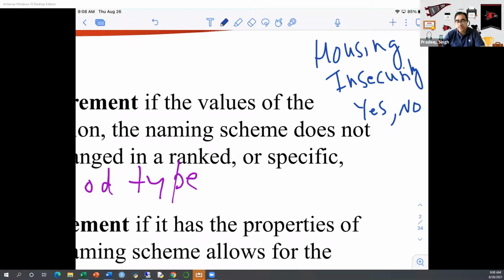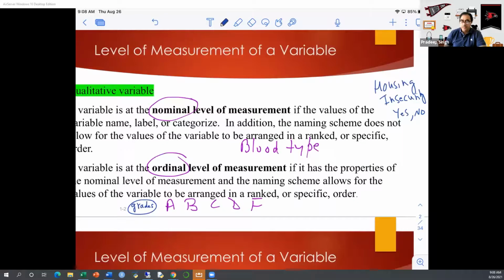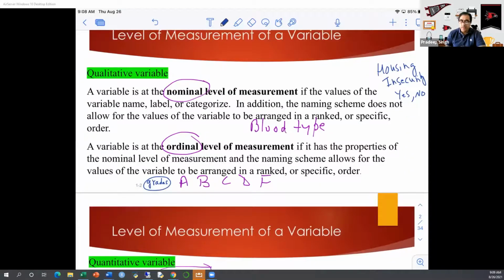So housing insecurity is a qualitative variable, and the level of measurement is nominal, right? Because with yes and no, we are not looking at any order to it. So this will also fall under the nominal level of measurement.